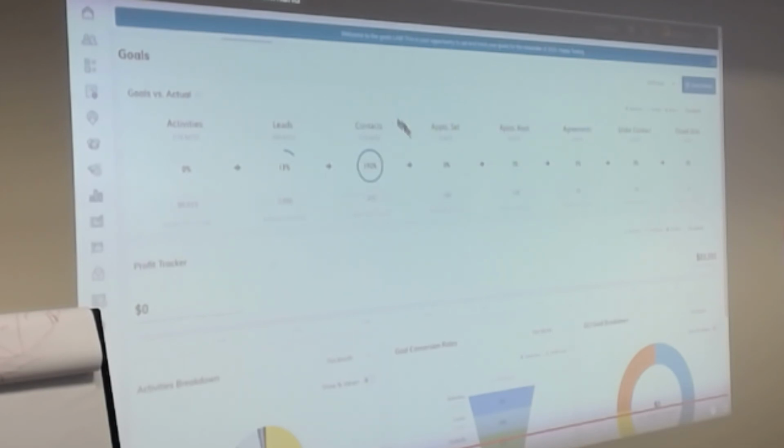So I wouldn't necessarily say this is a business to emulate, but it does show you that you have activities leading to leads, leading to contacts, and so forth. In real life, it's not quite so linear, as I'm sure all of you know, that activities in prospecting and farming and all these things that you funnel with don't necessarily lead to these things in quite such a linear fashion.